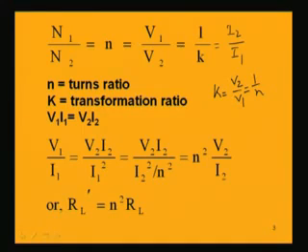So the transformation ratio is 1 by the turns ratio. Assuming an ideal transformer where the input power and output power are equal, V1 I1 is equal to V2 I2.